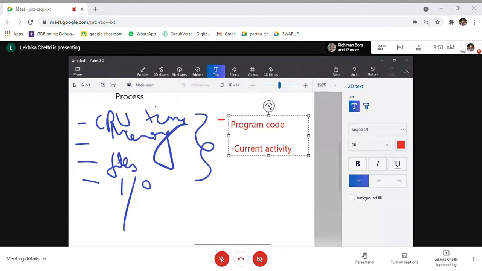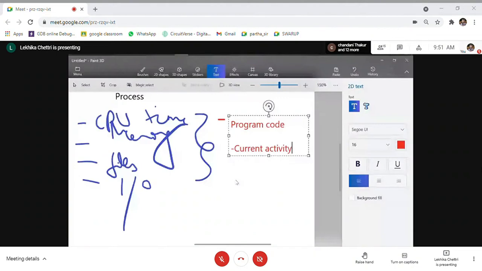So before that Paint is taken out, the operating system must store what was the last value of the Paint, so that when I go back to the Paint, whatever was written earlier gets saved. So the job of the current activity is to remember all of that by assigning one value.